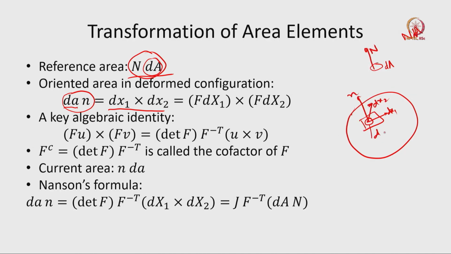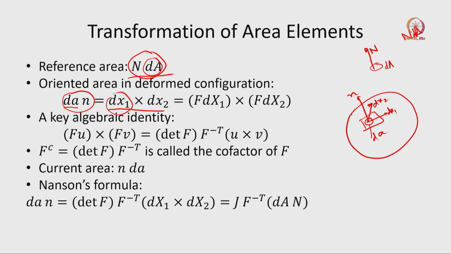Now, this dx1 can be written as F dX1, the pre-image of this, because that follows from the definition of the deformation gradient, and similarly F dX2 for the other.